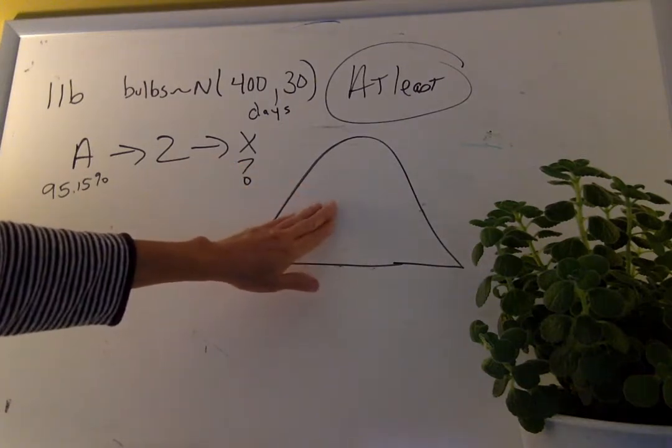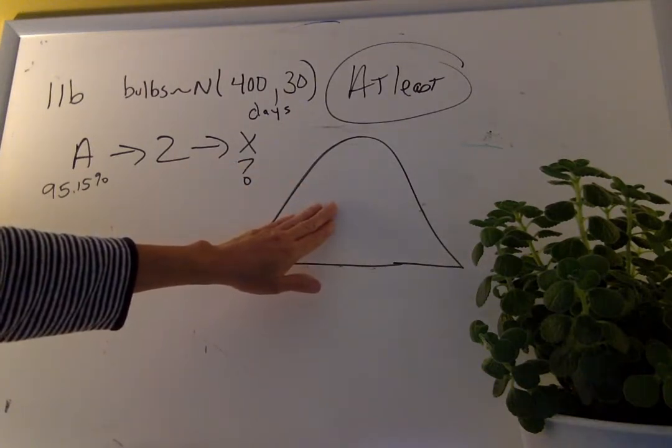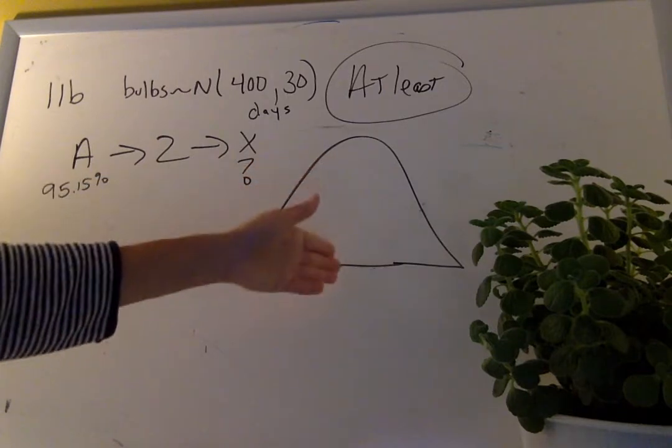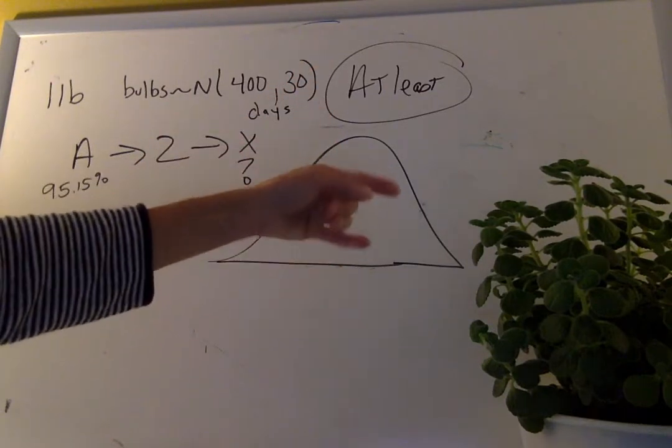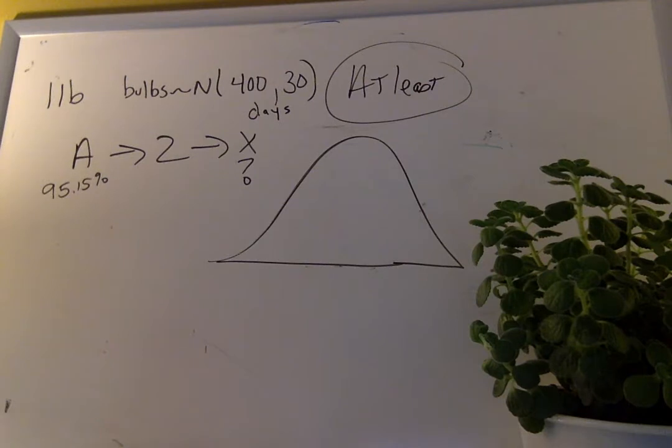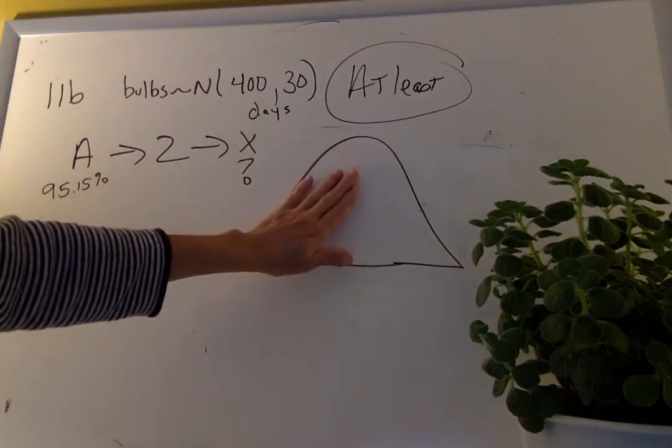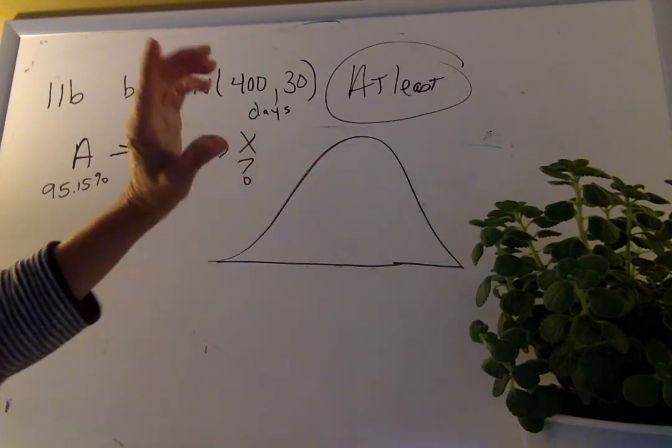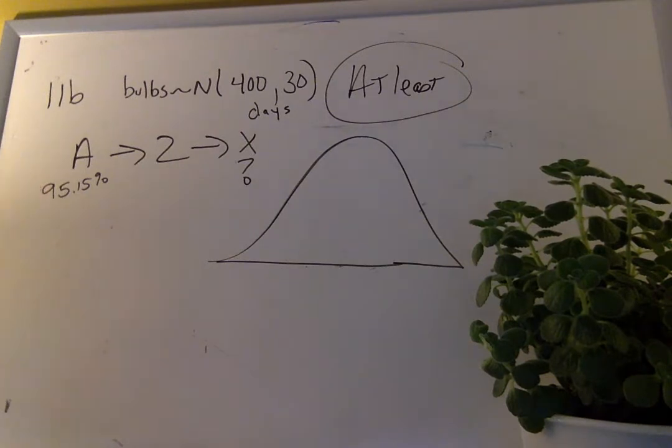Remember on these normal distributions, I don't really care that it's that number and greater. When you're doing probability, which will be the next video I make, and I'll remind you of this, it's critical you remember that at least does include that number. But when we're doing the normal distribution, all we need to know is that it means go greater. Okay, back to my problem. I talk too much.